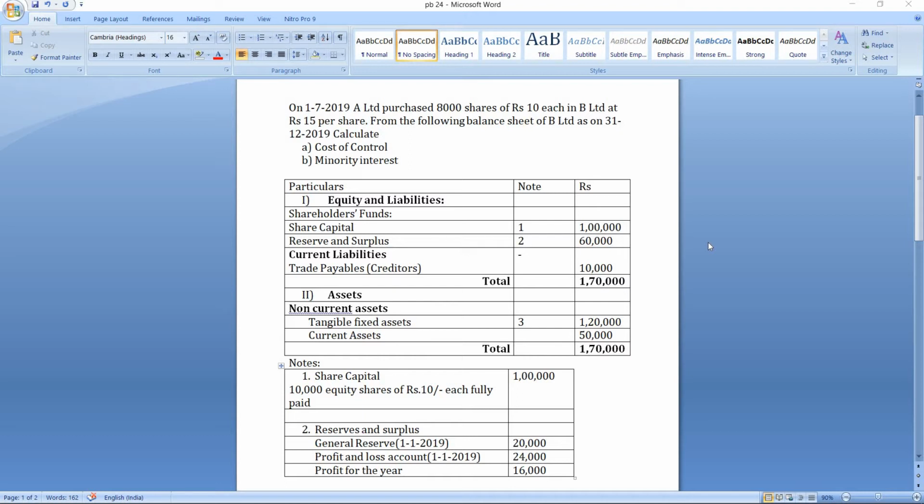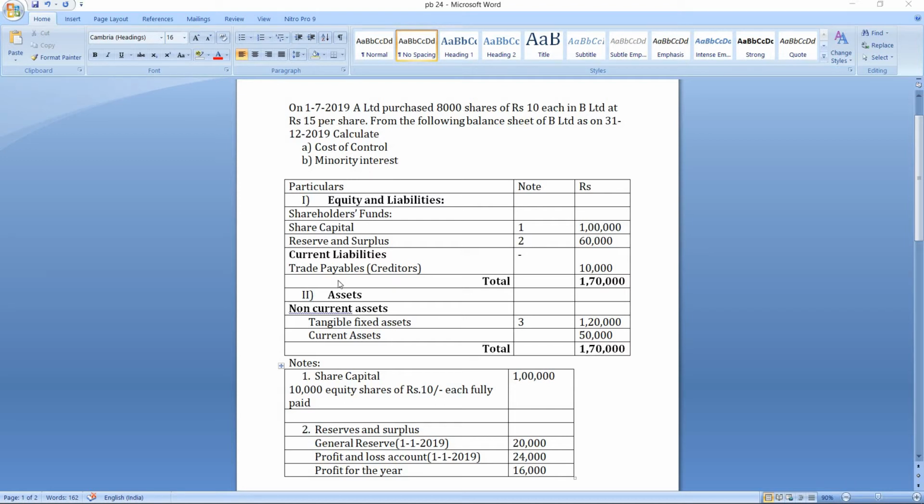A Limited is purchasing 8,000 shares of rupees 10 for rupees 15. So this we will consider as cost of acquisition of shares, which is 15 rupees, and 10 rupees is the actual nominal or face value of the shares. From the following balance sheet, you have to calculate cost of control and minority interest.